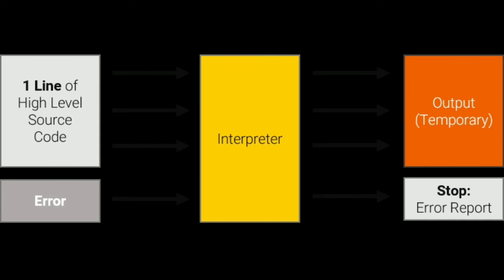So here in the interpreter, it translates only one line of a program at a time, and if an error is found in between, the process of translation stops there and the programmer has to remove that error. Only then will the process of translation continue.